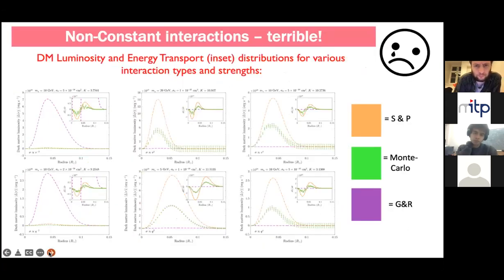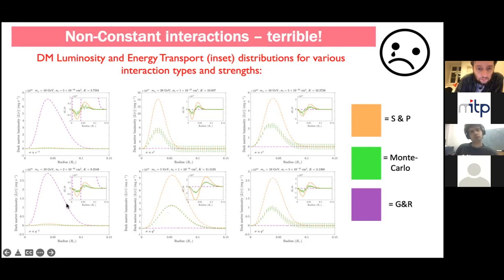But what happens when we try and generalize to non-constant interactions? Well, unfortunately, all hell breaks loose. And as you can see, neither the Goldman-Rafelt or the Spergel and Press approximation describe the behavior of different interactions at all. So what we've got here in these plots are just various different interaction types and strengths, and as you can see, there's huge discrepancies in every case.